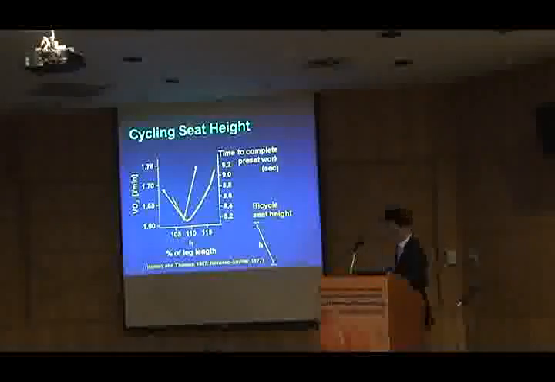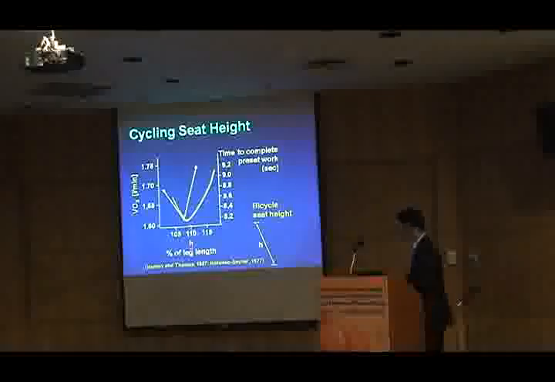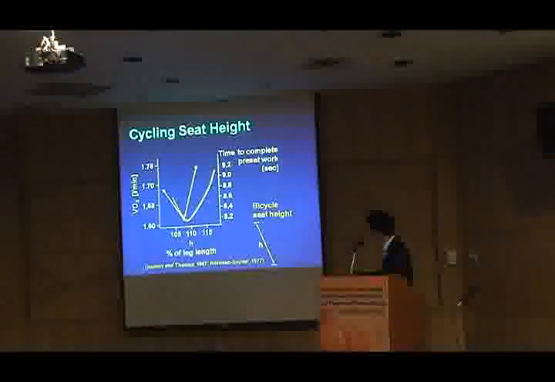The graph shows that cyclists can finish the given distance with less maximum oxygen consumption. Seat height is around 105 to 110, depending on the leg length, right?